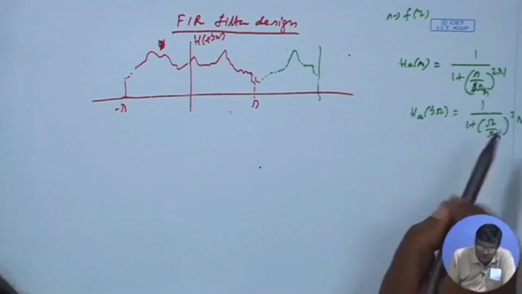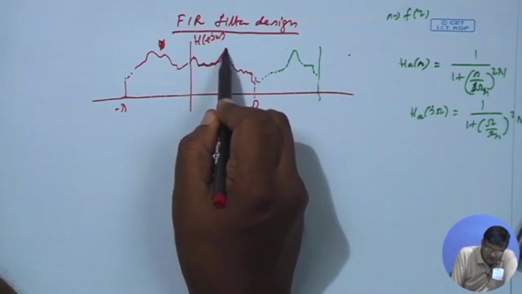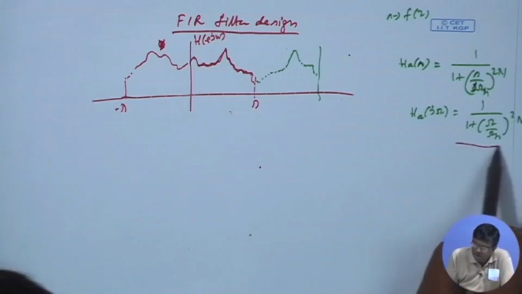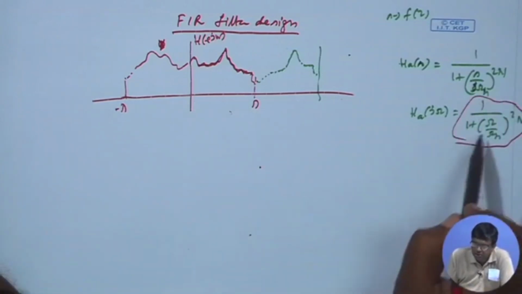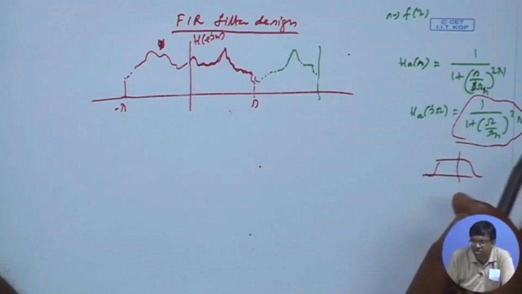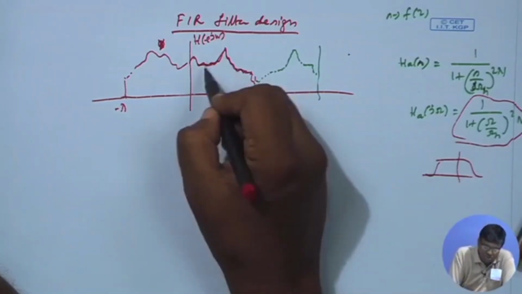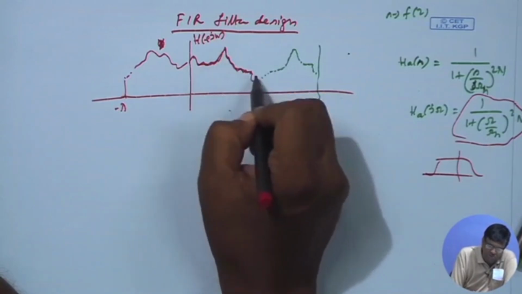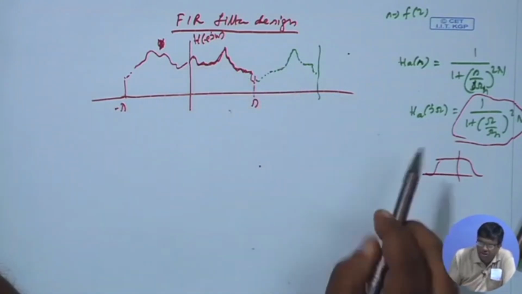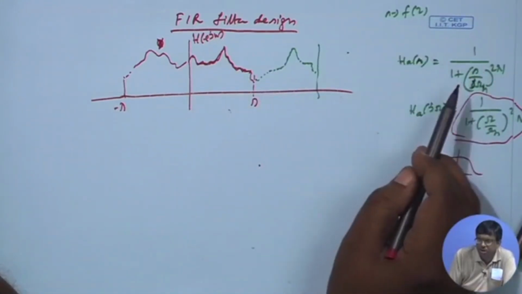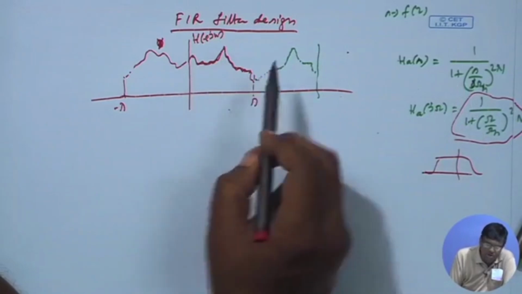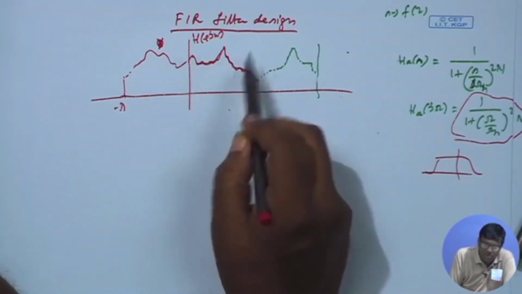Now, if you have a very arbitrary kind of response and you want to design a filter whose frequency response will be like that, you can never match it by very nice functions like this. This will be, as I told you, a low pass filter like that. Another function could be another type of low pass filter, a very smooth kind of function. If you have so much zigzag, so many random fluctuations in your response, and still you want to realize it by a filter, you cannot design it as an analog filter by one of those four, Butterworth, Bessel, Chebyshev, etc., which will have this kind of very random fluctuations. Very arbitrary kind of response.